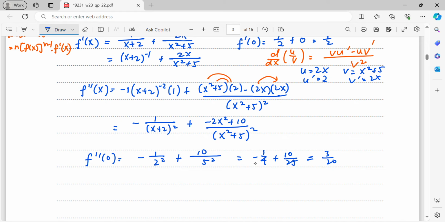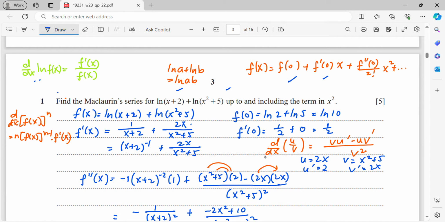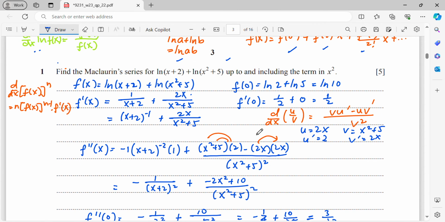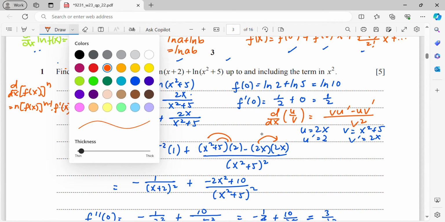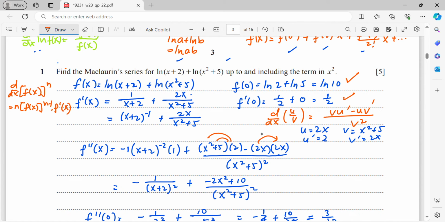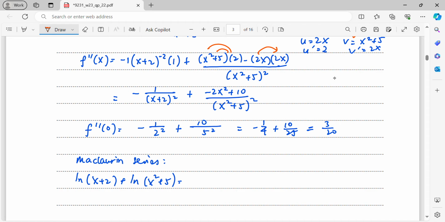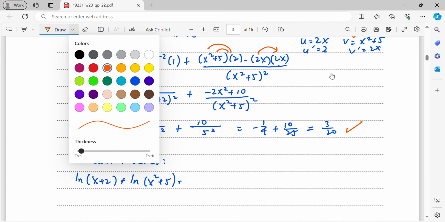And then now I will just write down my Maclaurin series. Substitute all the values into this formula. So ln of (x plus 2) plus ln of (x squared plus 5) is basically the first term, ln 10, then the second term is half times x. Then lastly, this value times x squared over 2.